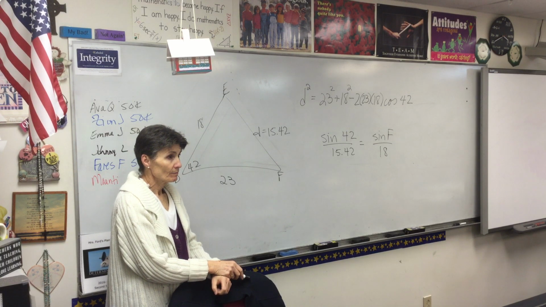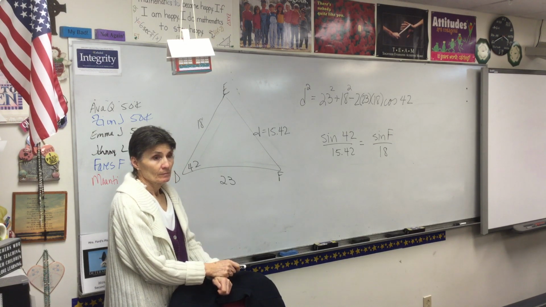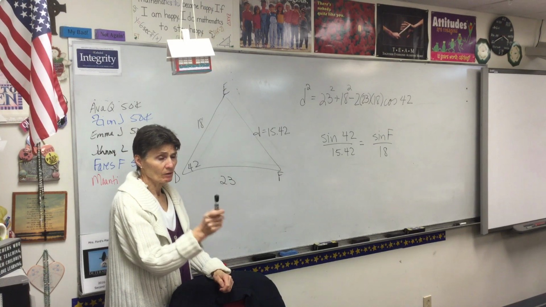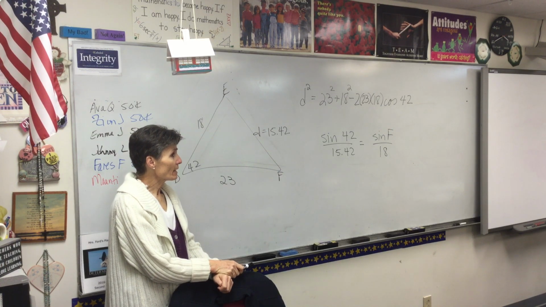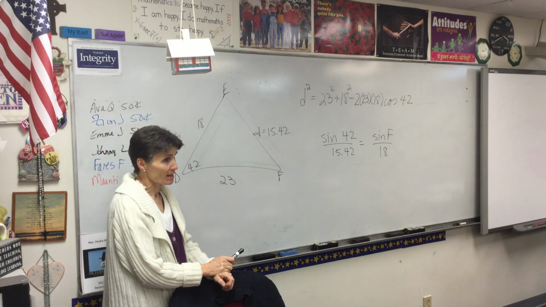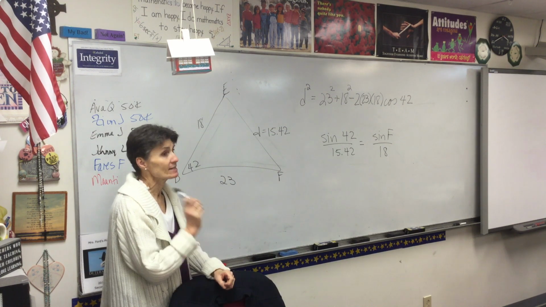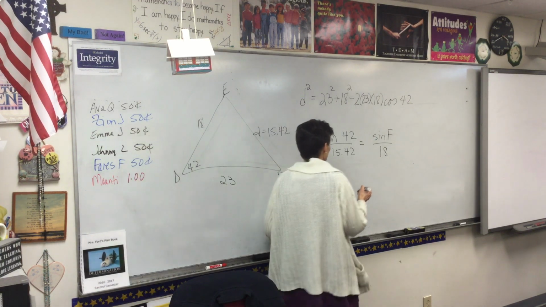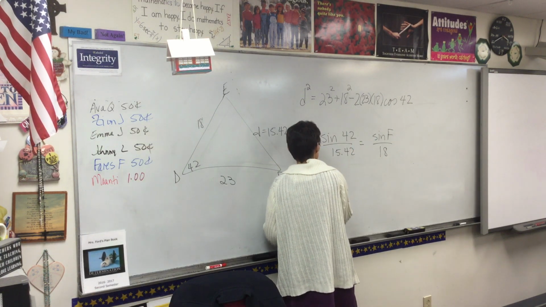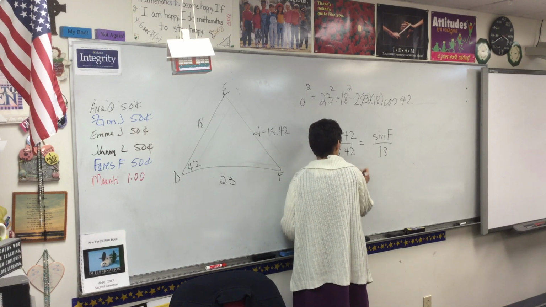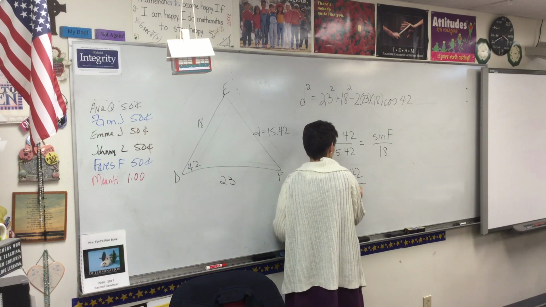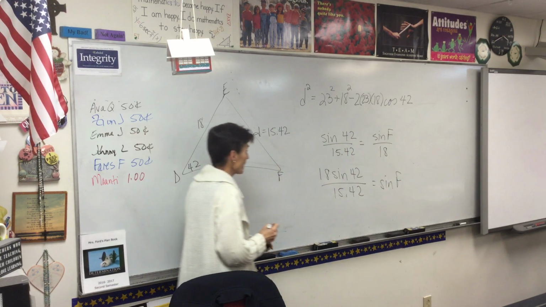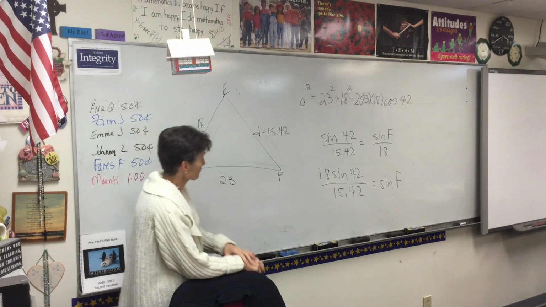Is that right? Yeah. Now wait a minute. What am I looking for here? What is this equation going to tell me? An angle. And the fact that I'm looking for an angle means at some point I'm going to second sine, right? This is going to be a second sine situation. So I'm just going to bring my 18 over and times both sides by 18.